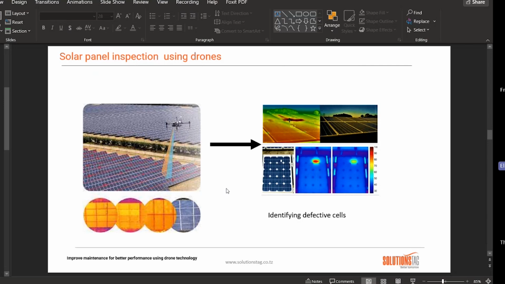The ones which are working, as you can see here, are the blue ones, but the ones which are red and yellow show a high heat signature, meaning that they are defective compared to the others. So that's one of the use cases. Using the traditional method of inspecting each solar panel will take much time, and also you might not find where the problem is.